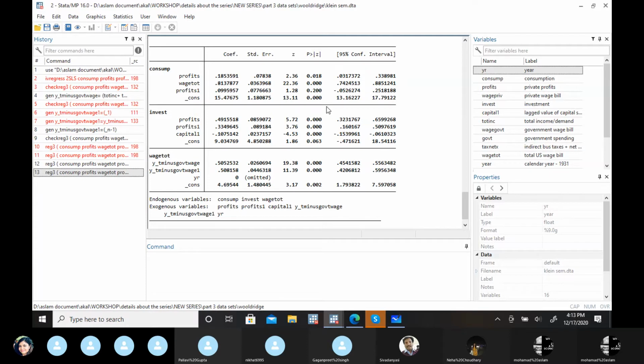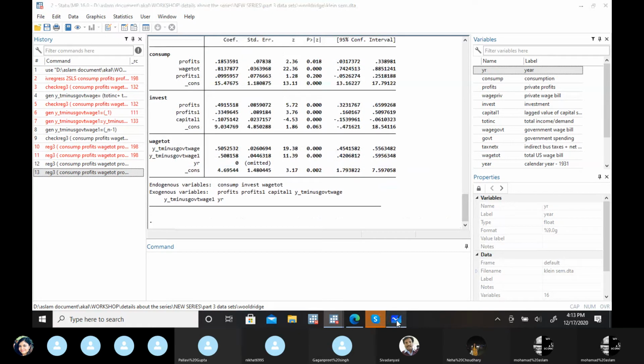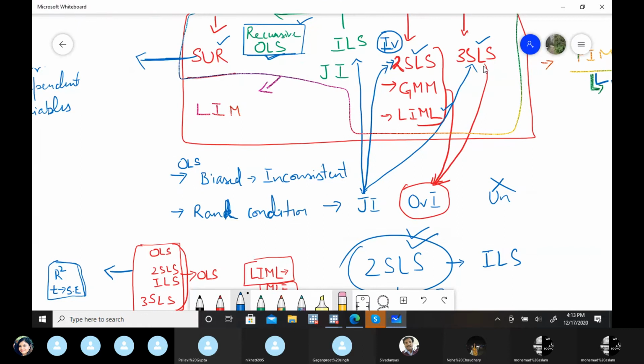So these are more efficient than the 2SLS. Although if your sample size is fine and everything is fine, they will produce more or less the same results as 2SLS. There is no big difference in these results. So this is your 3SLS.